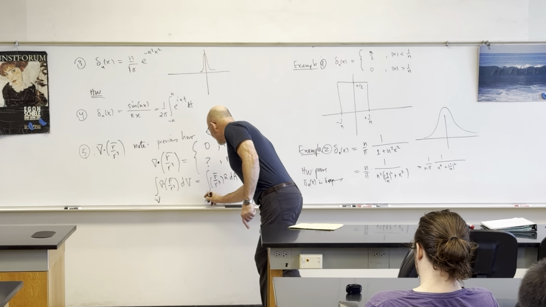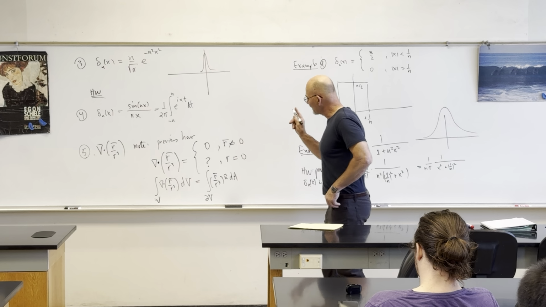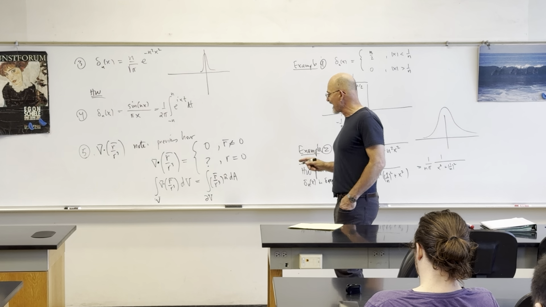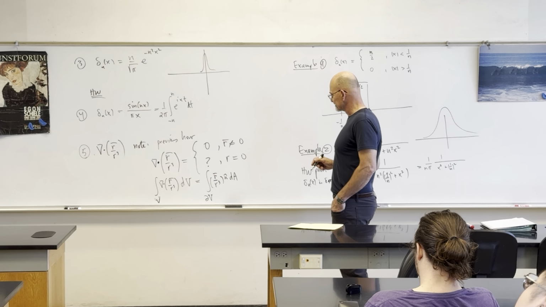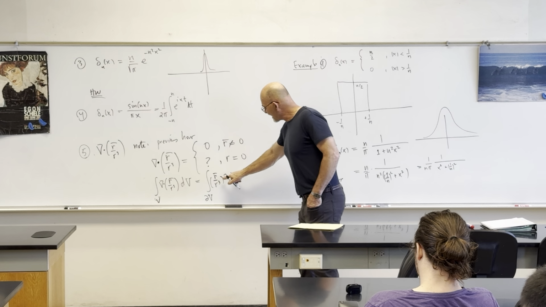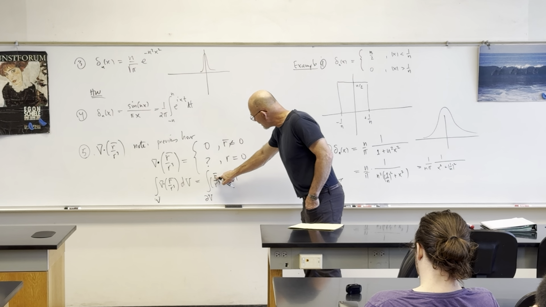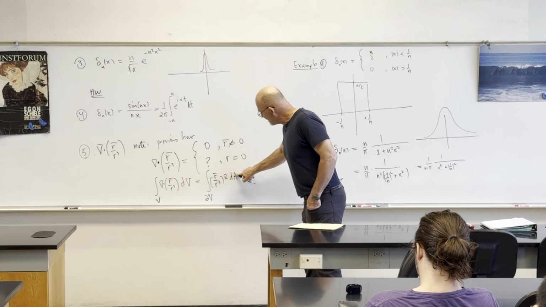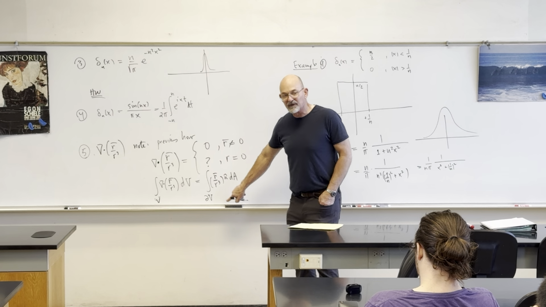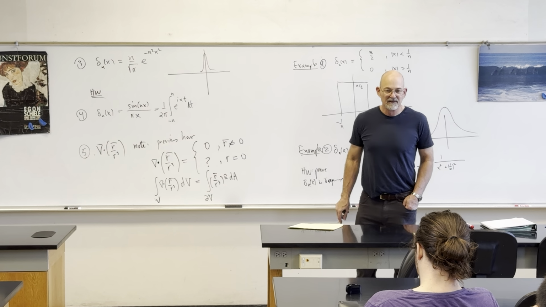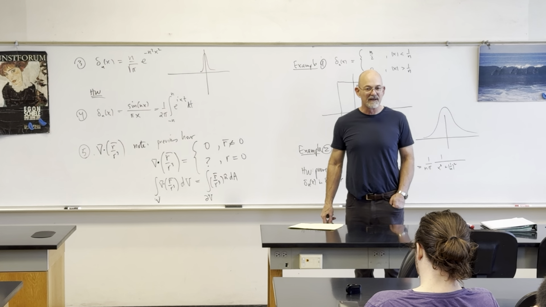If this was the boundary of a sphere of radius, say capital R, then we had one power of R here and two here to cancel the R cubed there, and we ended up with what? 4 pi, right?